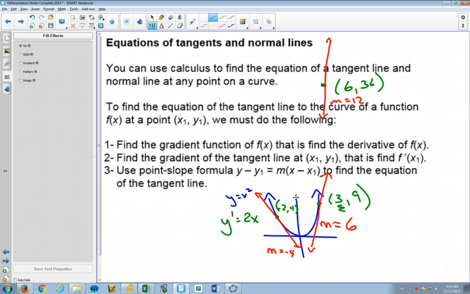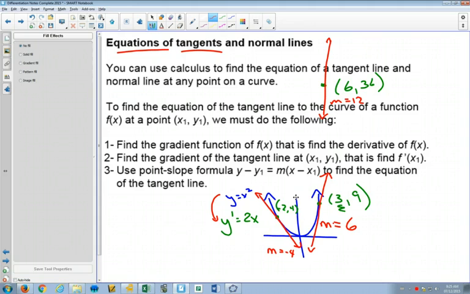Okay? So if we have an equation and we can easily get the derivative from our power rules, now we can easily find the slope of any tangent line we want. And if we can find the slope of any tangent line that we want, we're going to be able to write an equation of that tangent line, because we'll have the slope.